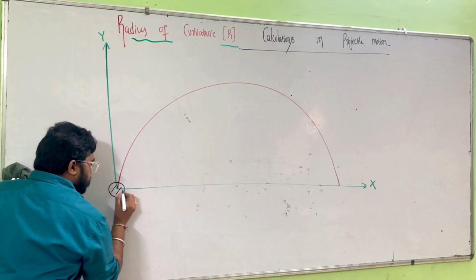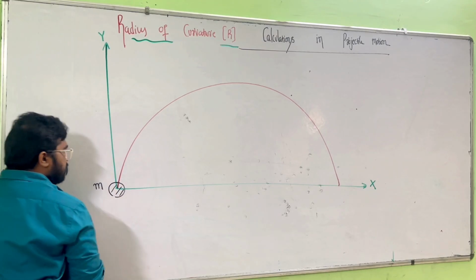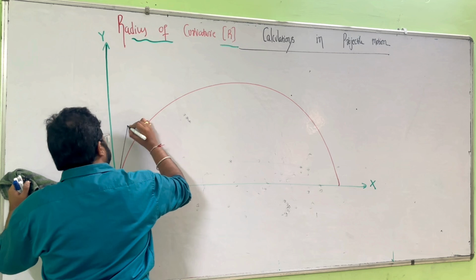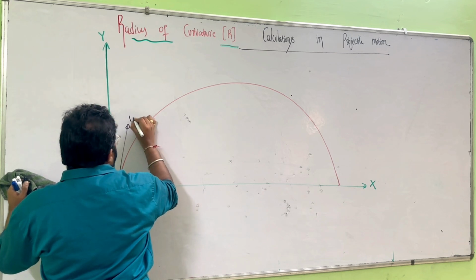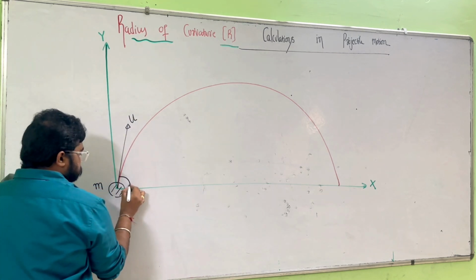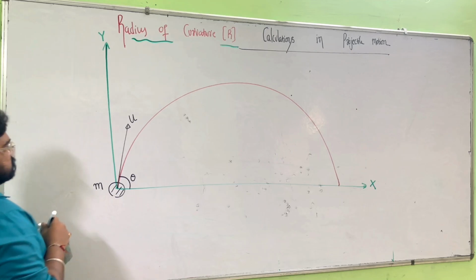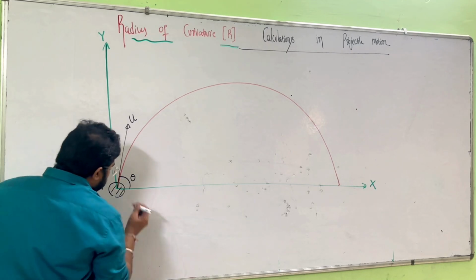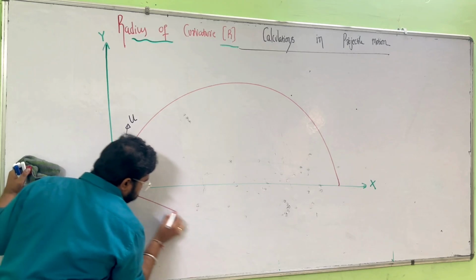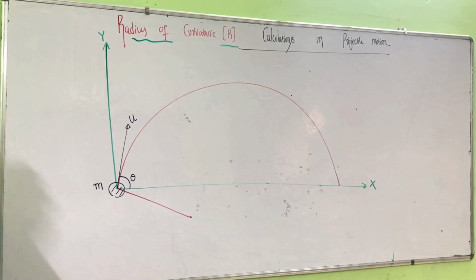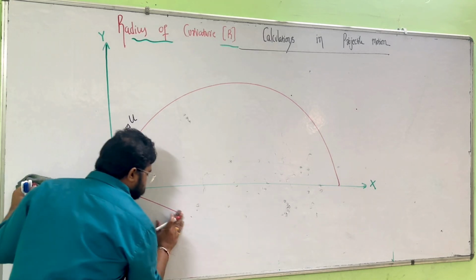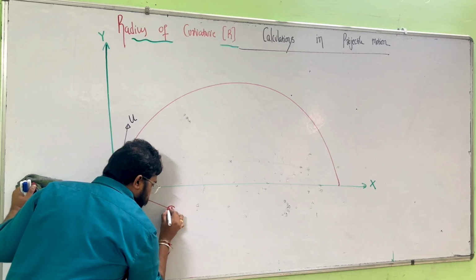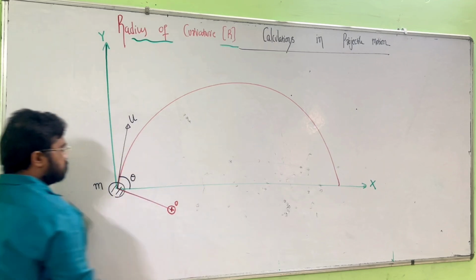So what is the radius of curvature of the ball or point mass at the point of projection? This would be theta. It is projected along this direction. We need to draw first a perpendicular to this; somewhere along this is the center of the circular motion.